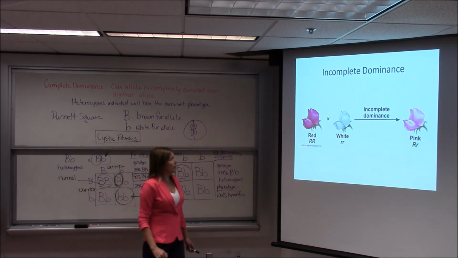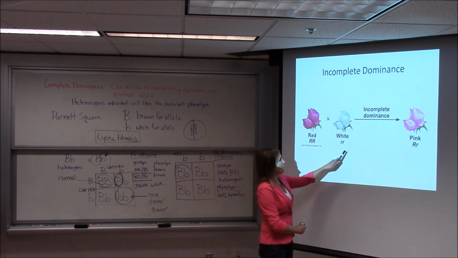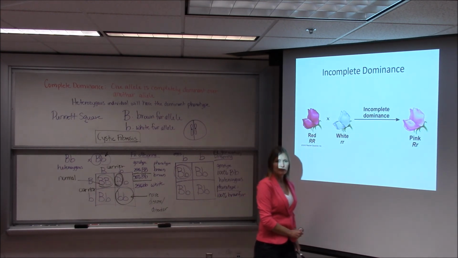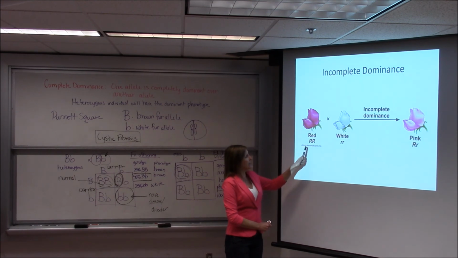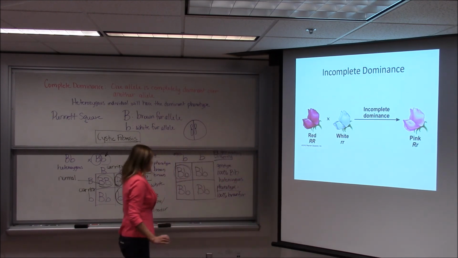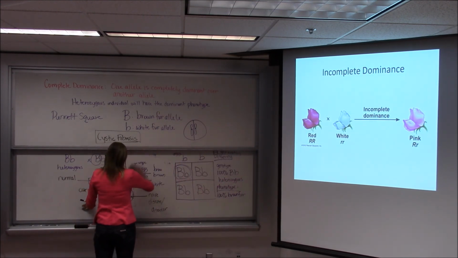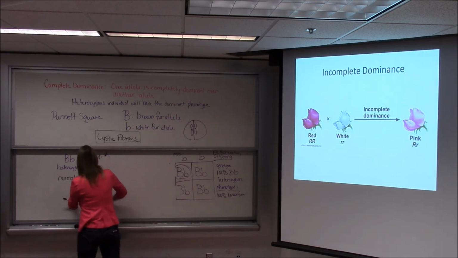What happens though if we have a red flower and a white flower mate and the babies end up pink, not red? So we had brown and white mate and the babies were brown. But now we have red and white mate and the babies are pink. In that case, we're looking at something called incomplete dominance. And again, you need to look at the heterozygous individual to determine this pattern of inheritance.